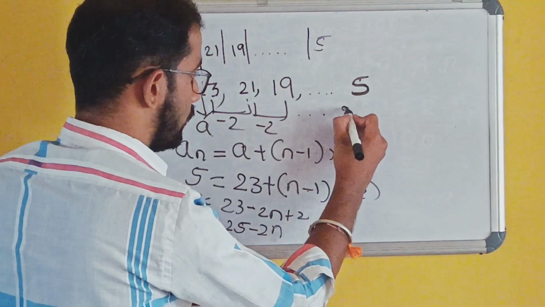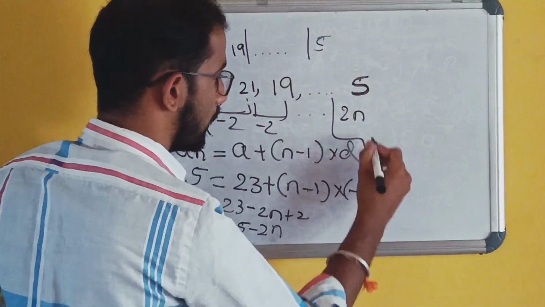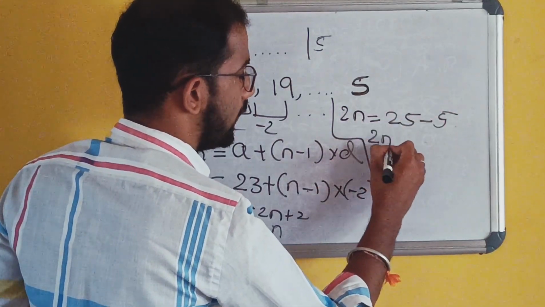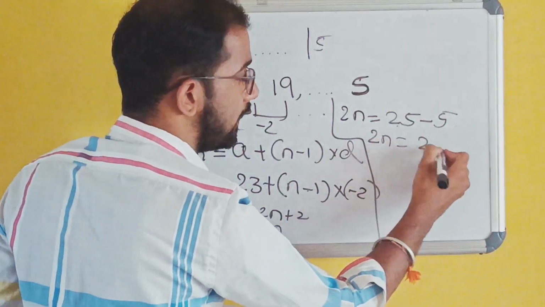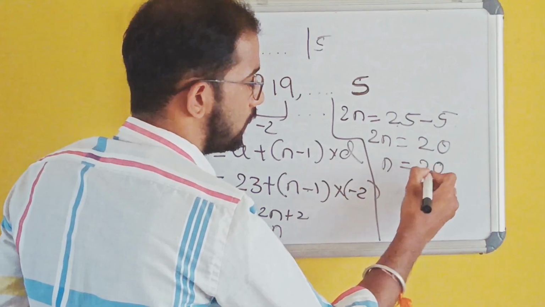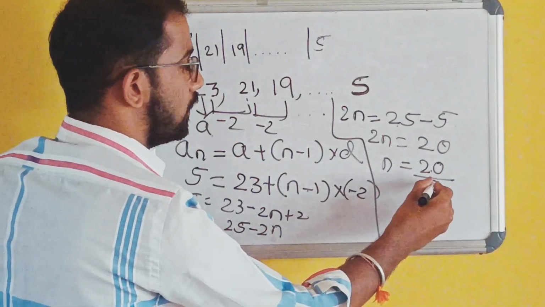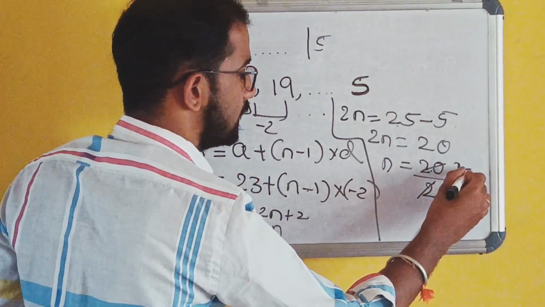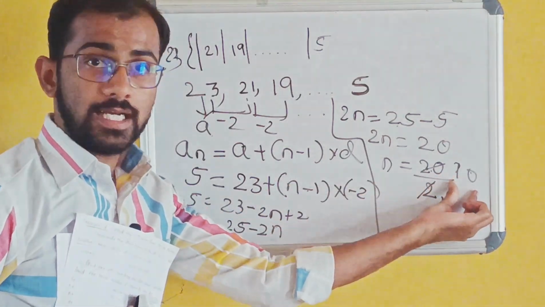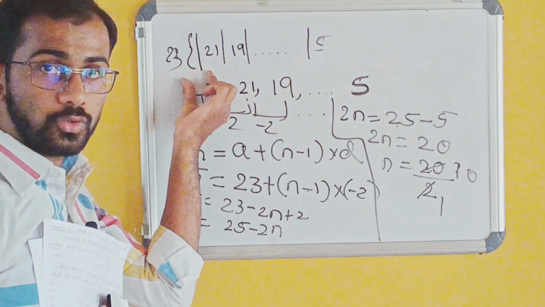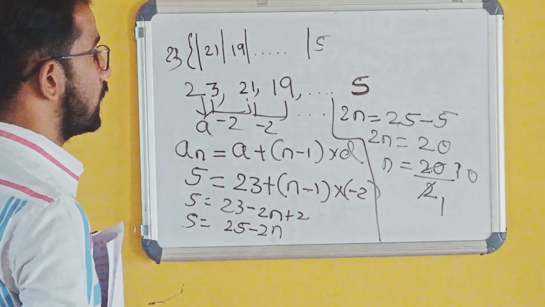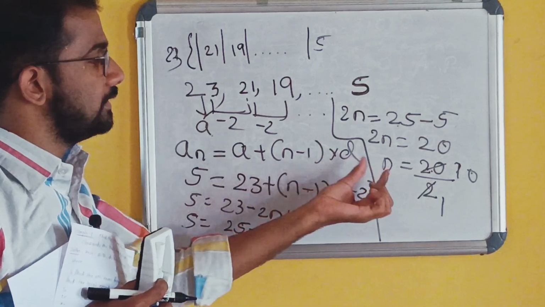So 2n equals 25 minus 5. 25 minus 5 is 20. n equals 20 divided by 2, which is 10. Therefore, 10 rows are present, from the first row to the last row. 10 rows.